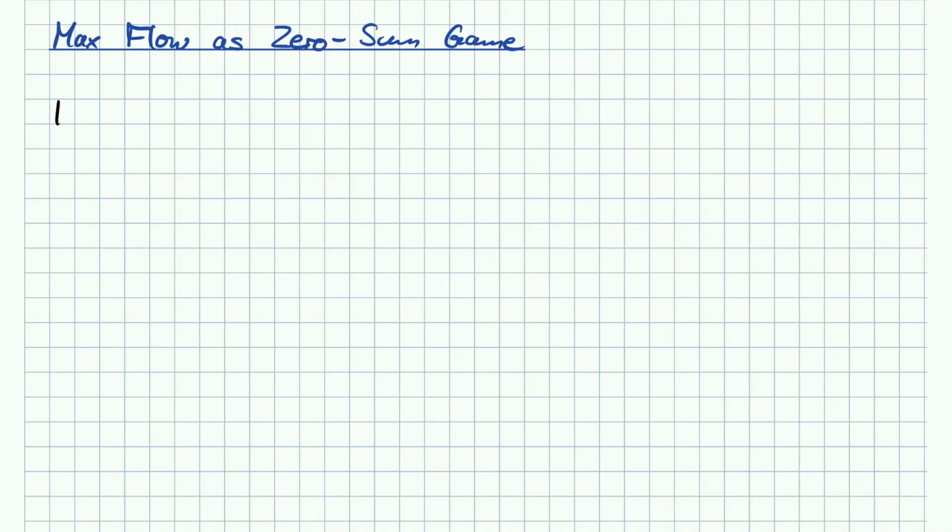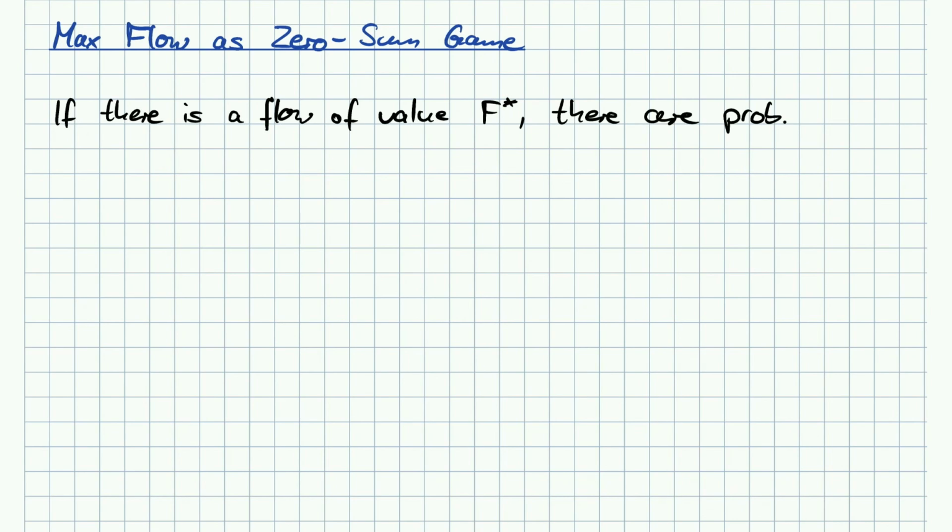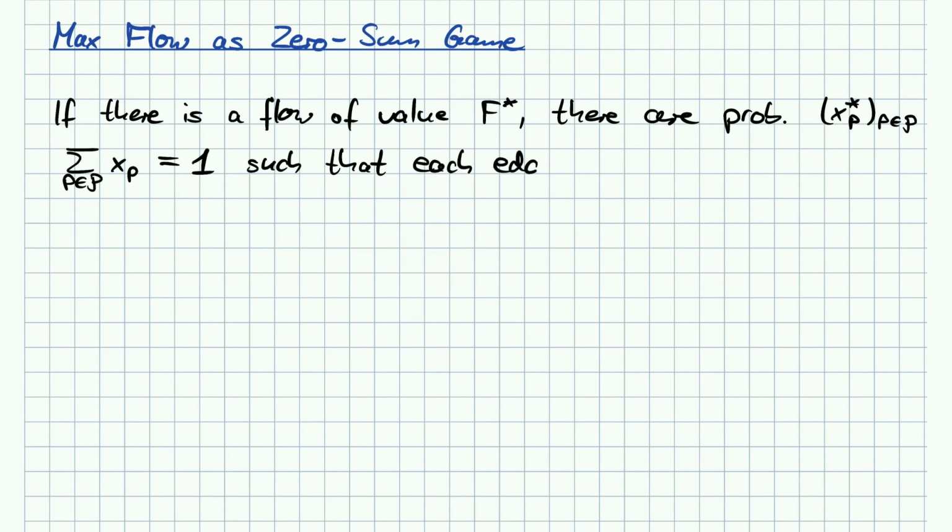So let's see a very simple observation, namely, if there is a flow of value f star, there are probabilities x star, which we could assign to the paths, such that overall we assign probability 1 to the paths, such that each edge fulfills that the sum of the probabilities of the paths that it is lying on is at most its capacity over f star.